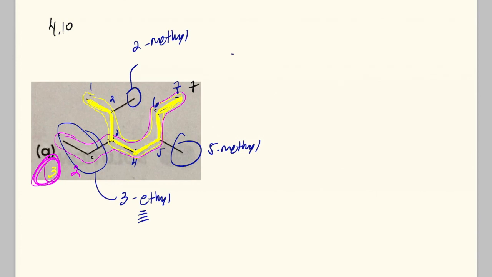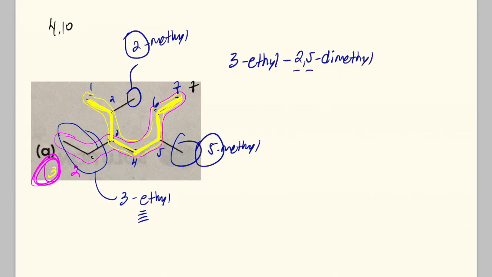Okay. When we alphabetize this, we want to start off with 3-ethyl. Then we want to deal with the methyl groups. There are 2 of them, so we can combine these with the use of a comma and di to write dimethyl. Okay? It doesn't matter where those numbers are, as long as we're just indicating where they are.